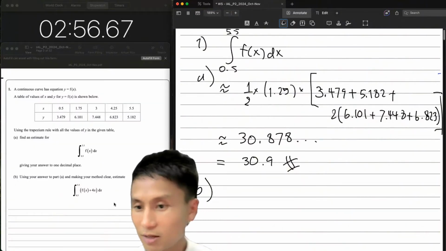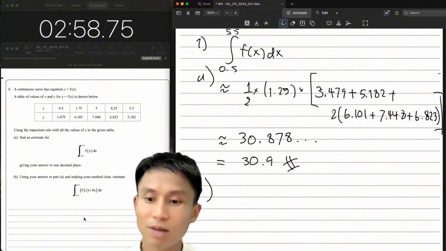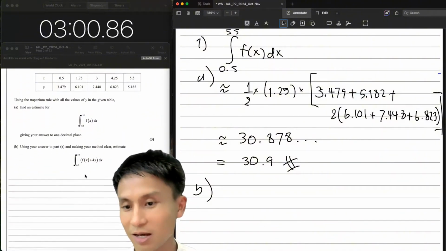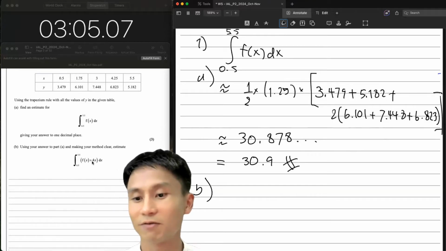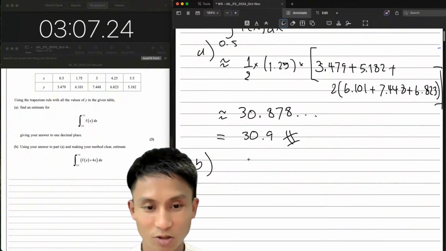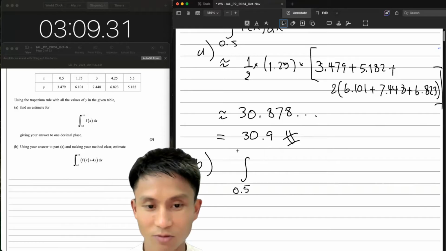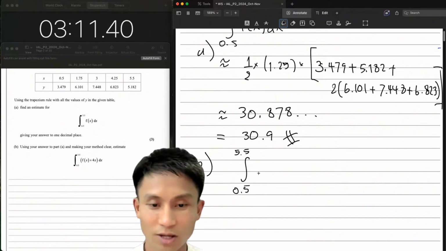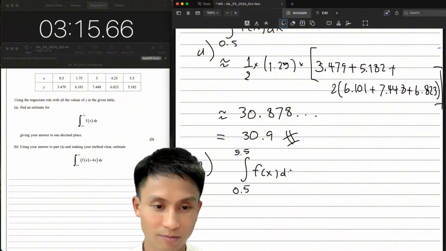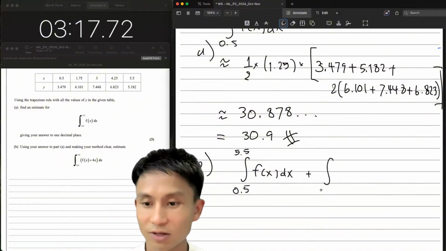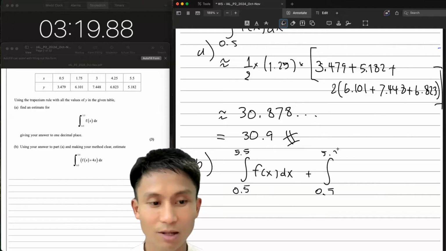For B, using the answer to part A and making your method clear, yeah, this comes up quite a lot. So it is integrating not just f(x), but also 4x. So just going to have to write down here so you can see what we are doing. If we split the integral there, we're going to have this plus another integral with the same limits, right?